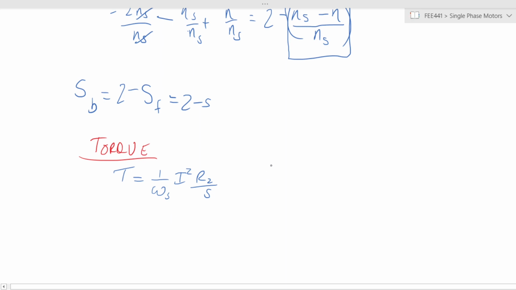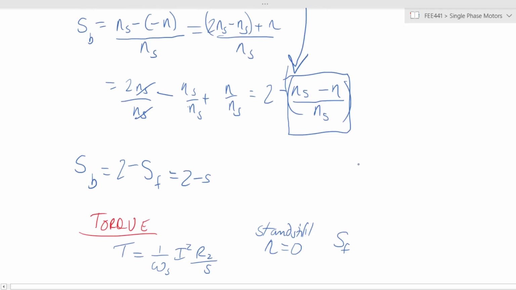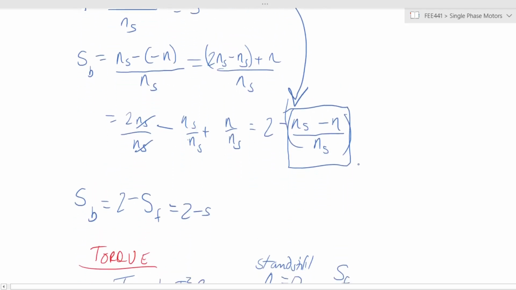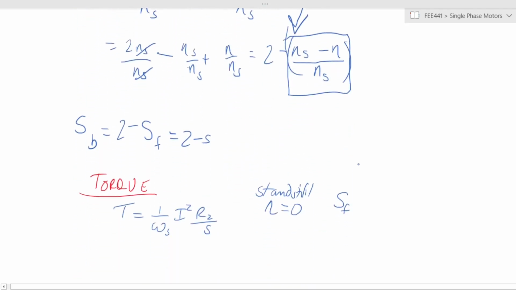Now, if we take when speed equals 0 at standstill, for example, when the motor is stationary or has not yet been started, n is equal to 0. What does that mean? It means that SF in the forward direction is equal to (ns − 0)/ns, which is equal to 1, right?